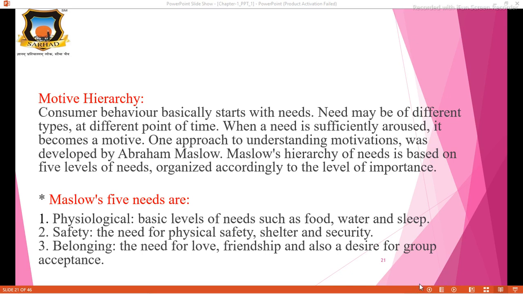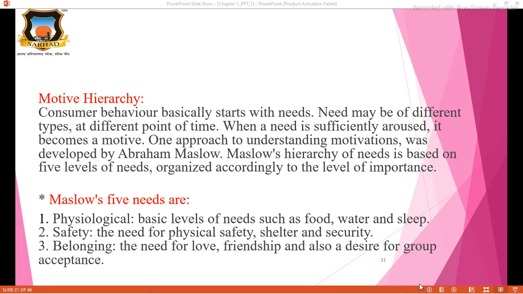The five needs are: the first is the physiological, the basic level of needs such as physical needs, food, water and sleep. These are the physiological needs. The second is safety needs. The need for physical safety, shelter and security comes under safety needs. The next is belongingness needs.